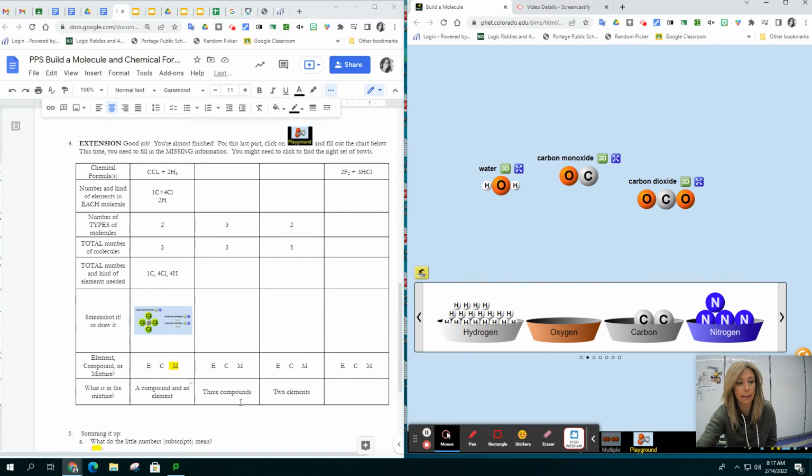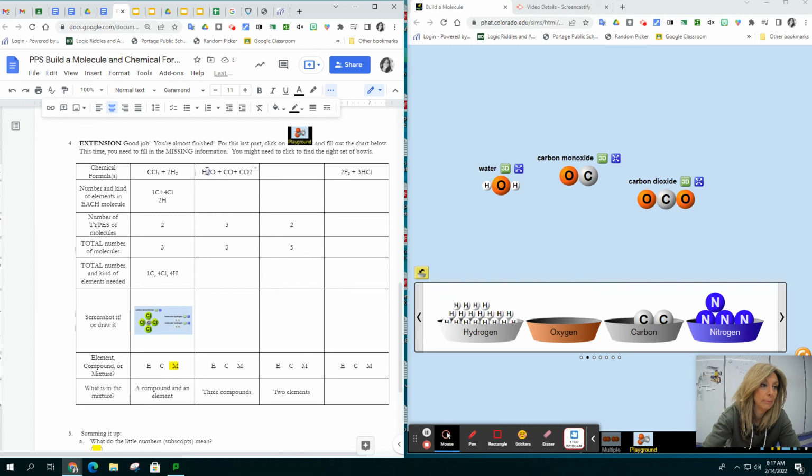Are they all compounds? Well, they are. That's a compound, that's a compound, that's a compound. That works, so I can now fill out the top. I've made H2O, I've made carbon monoxide, and I've made carbon dioxide.